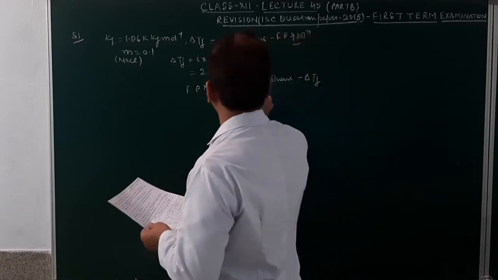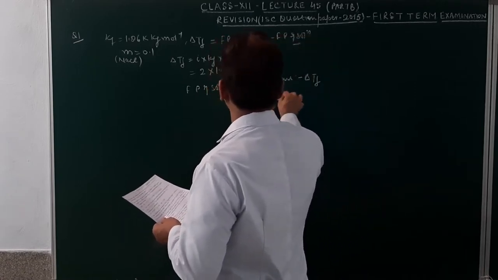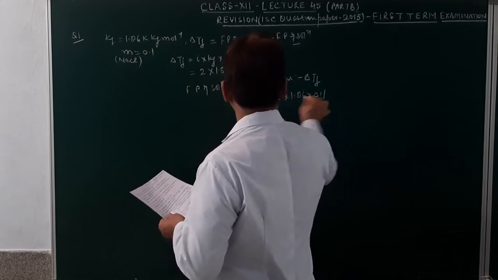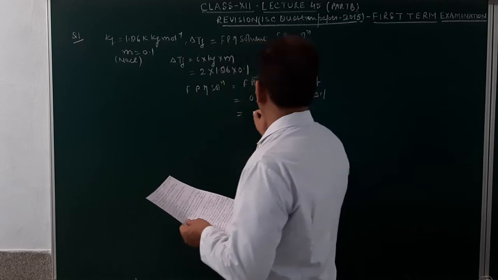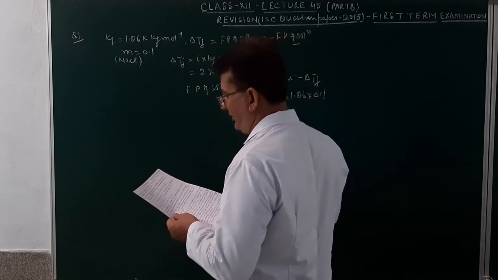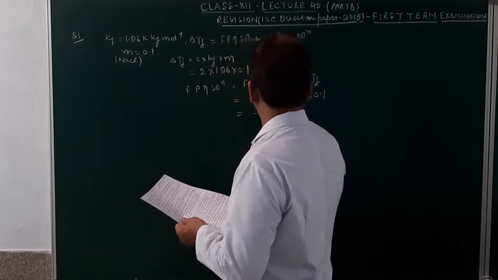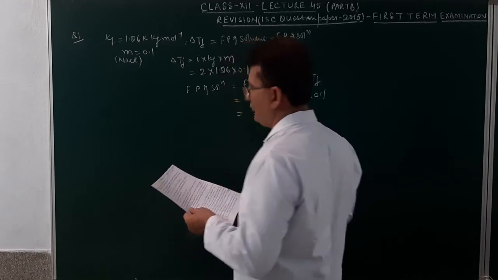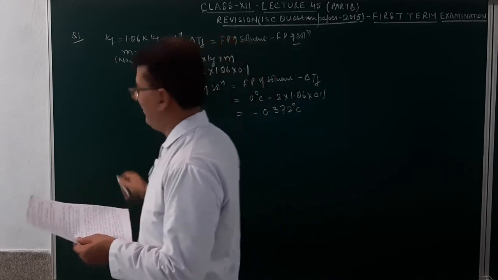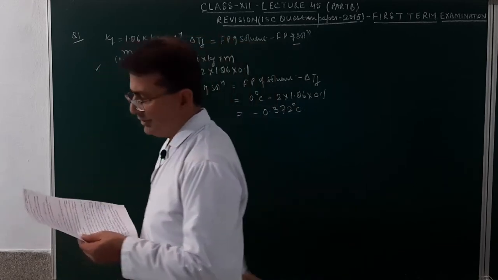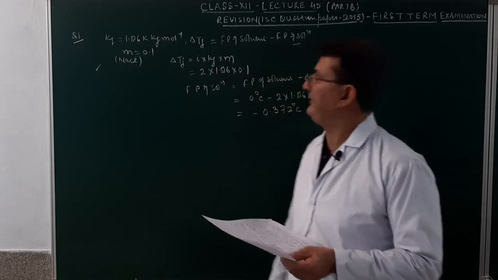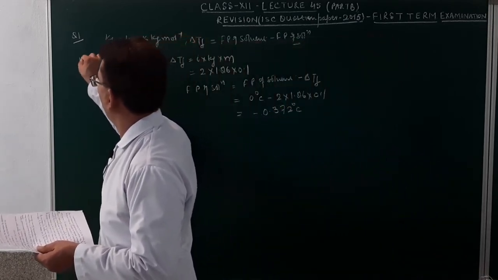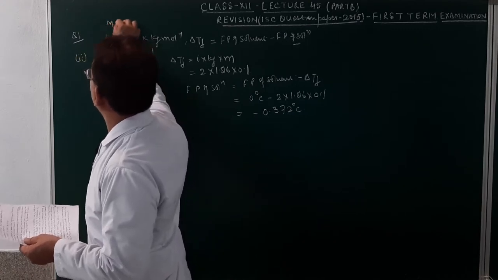This will be water at 0 degree C minus 2 into 1.86 into 0.1. Solve it out, it will come out to be equal to minus 0.372 degrees C. So, what will be the answer over here? Answer will be second. Is it clear? Second is the correct answer. This is a multiple choice question.